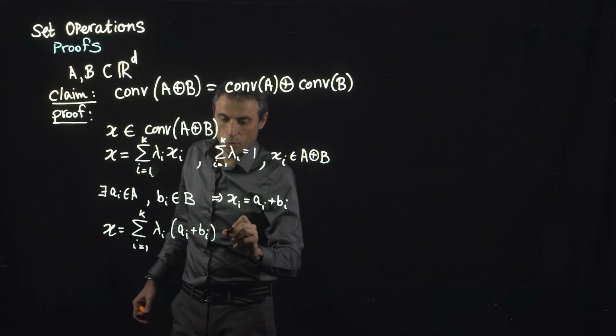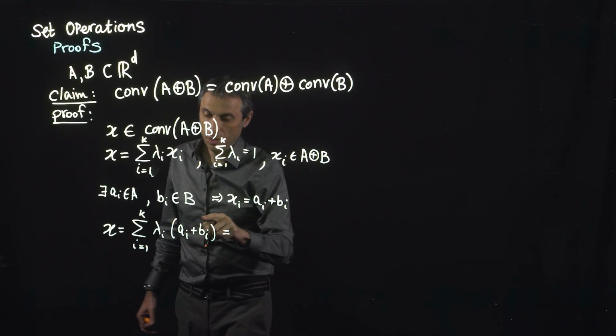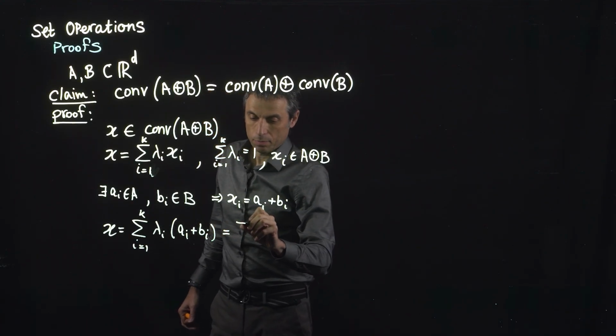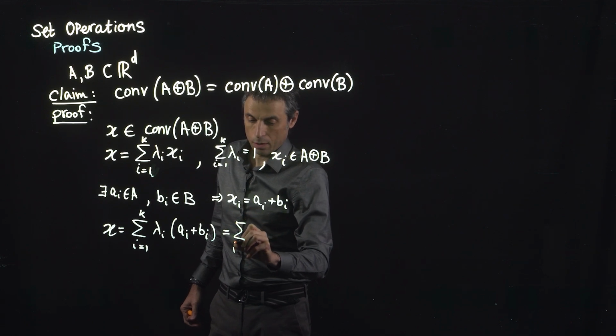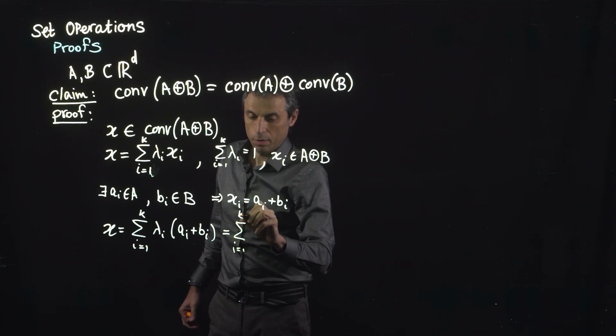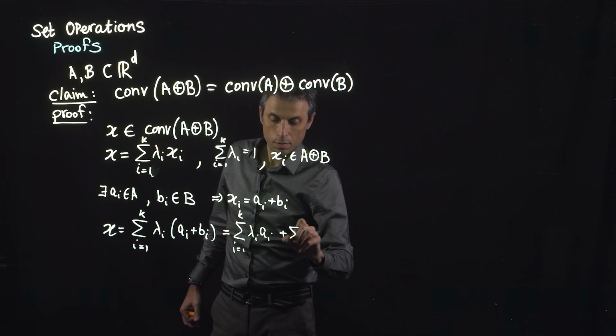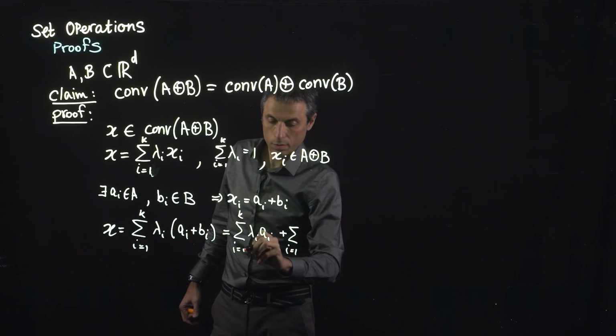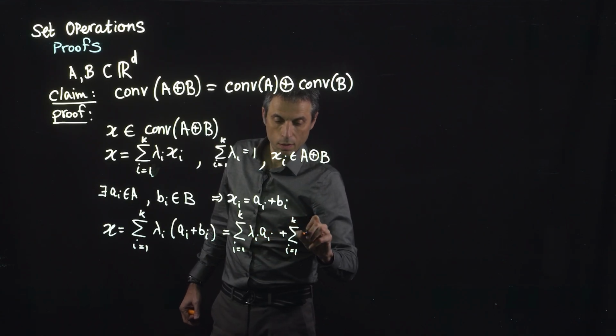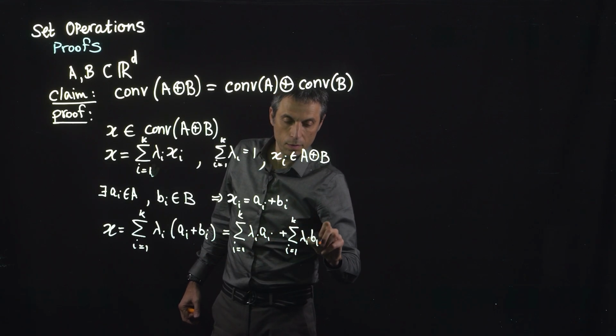which of course can be broken into the sum, i from 1 to k, of lambda_i a_i, plus the sum, i from 1 to k, of lambda_i b_i.